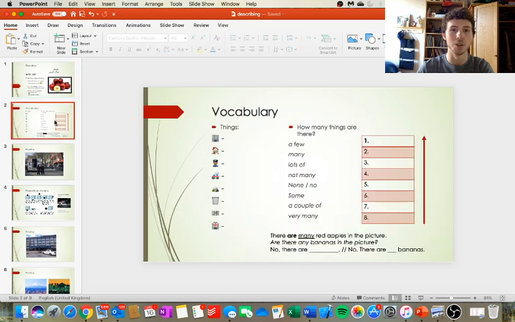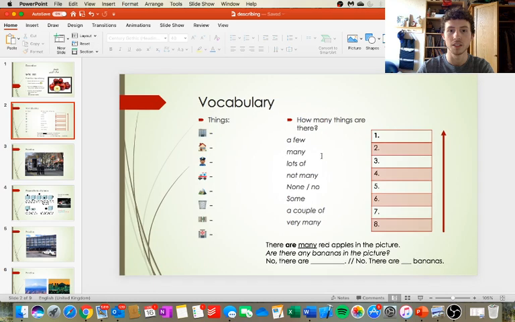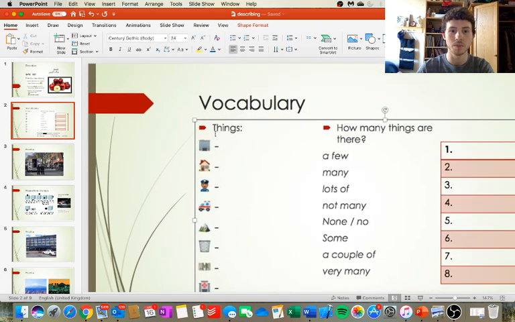Okay, so some vocabulary for the session. Here are some things. Can we name them? So what is this?